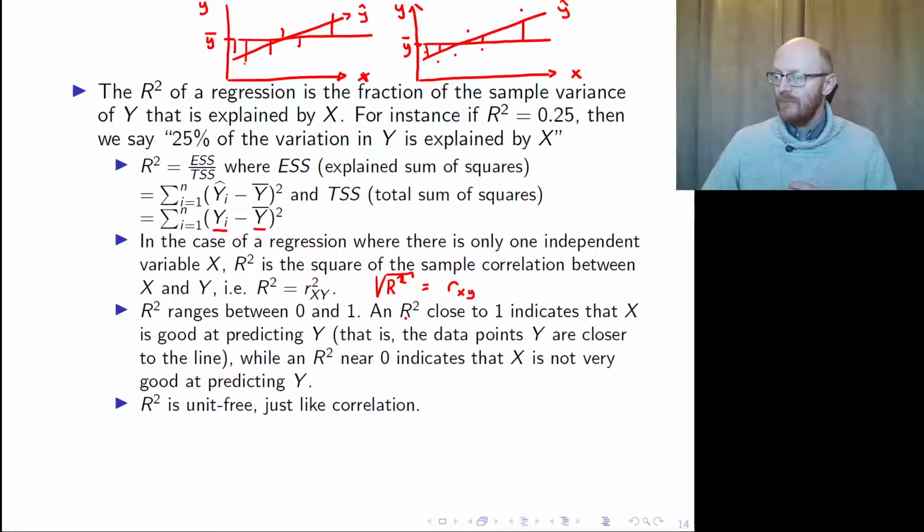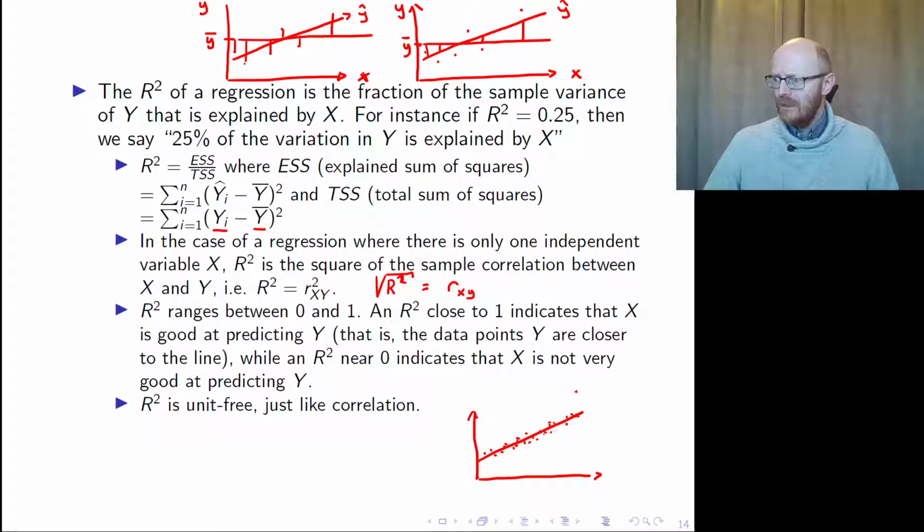If you have an R squared close to 1, that would indicate that x is very good at predicting the variation in y. It would mean that the data points are quite close to the fitted line.